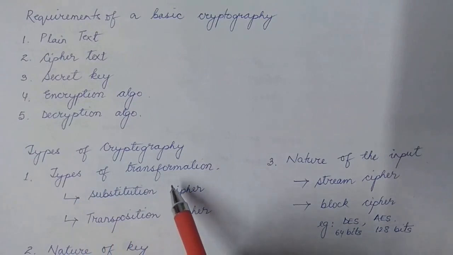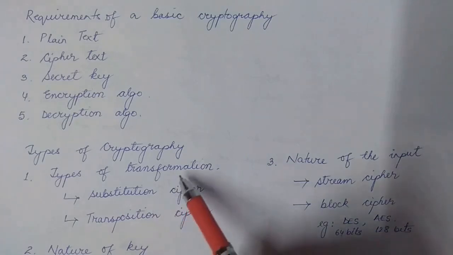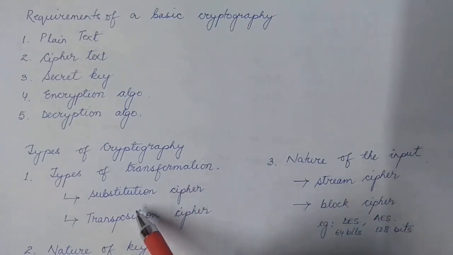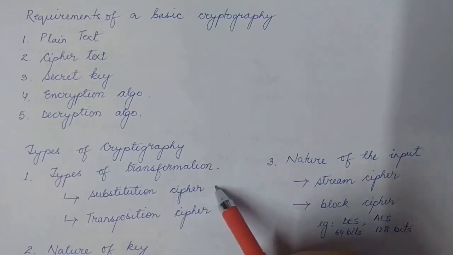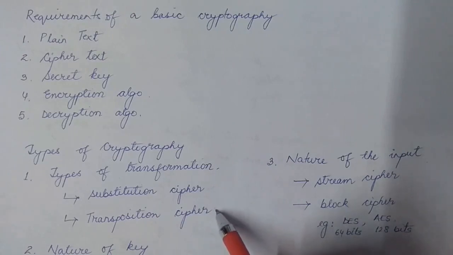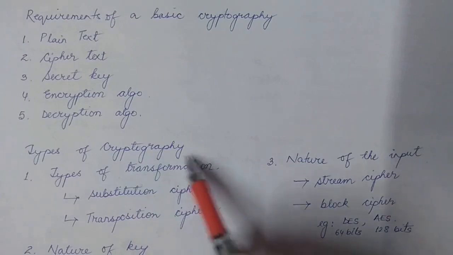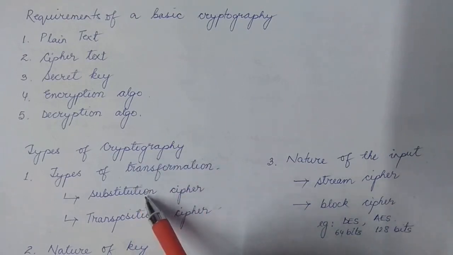What type of transformation techniques you are using, based on that, it is divided into 2 types: substitution cipher and transposition cipher here. We'll see what a substitution cipher is, and also what a transposition cipher is.